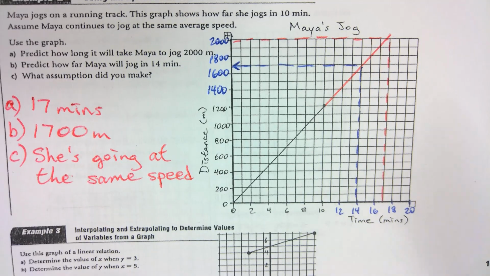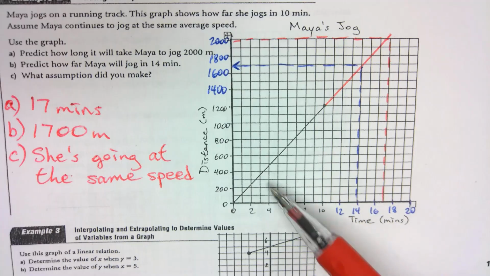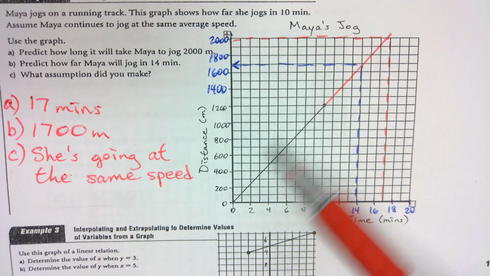Is this a discrete or continuous graph? Okay, who says discrete? Who says continuous? Good. Okay, because from the 1 minute to the 10-minute mark, she doesn't teleport, right?